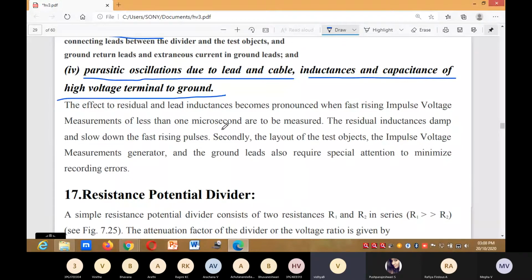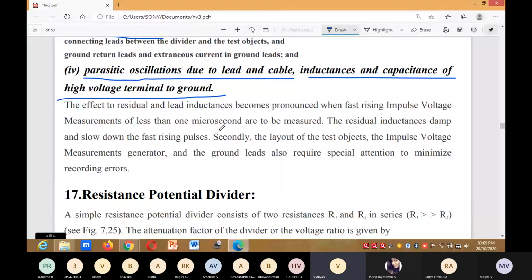Secondly, the layout of the test objects, the impulse voltage generator, and the ground leads also requires special attention to minimize recording errors.